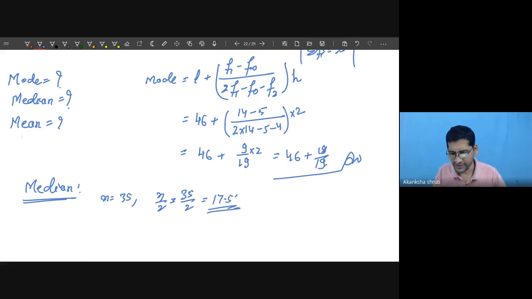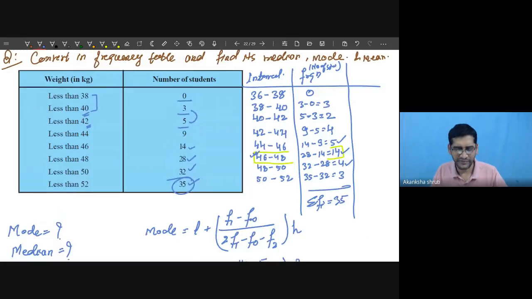17.5. Observe in which class this 17.5 lies. But here the decision is taken with the help of the cumulative frequency table, not the frequency table. Everything I had discussed in our last lecture in very much detail, analyzing each and everything. So 17.5, here we are observing just before that it is 14, after this 28.